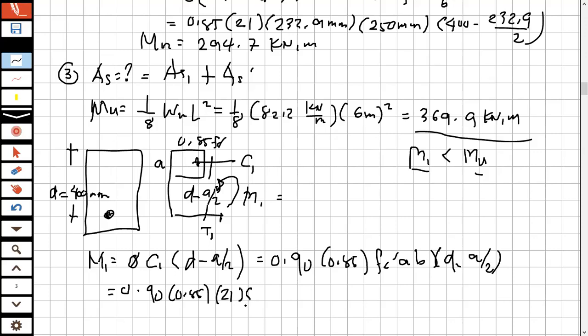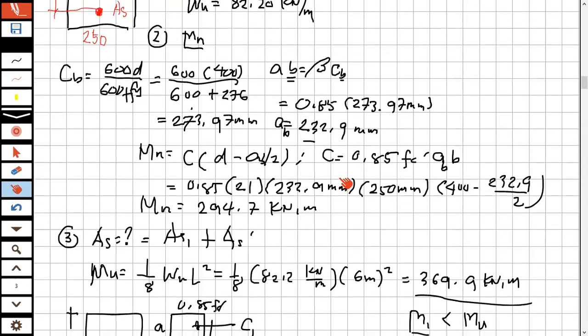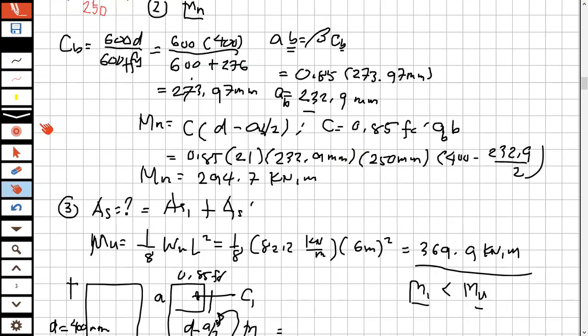And then we have A. Ano ba yung A? May na-compute tayo dito na AB. Okay, saan ba yung AB natin? May na-compute tayo na AB, 232.